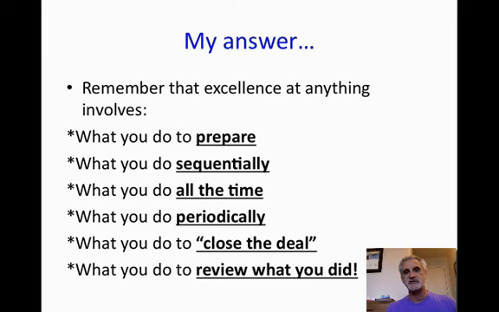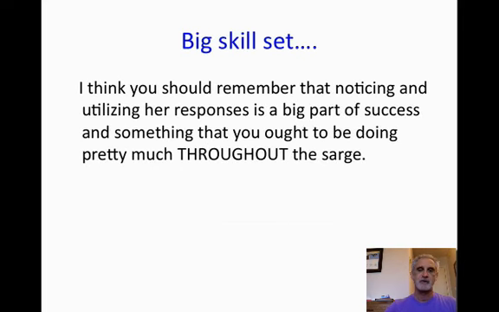There are certain skill sets that you're always going to be exercising throughout the process. Then there are the things that you do periodically. There's what you do when you close the deal. And finally, there's your review process. Do you have a really good review process? So as you're listening and really absorbing this answer, I would also encourage you to look at these various different places in time for your activity and decide where you might need some work.